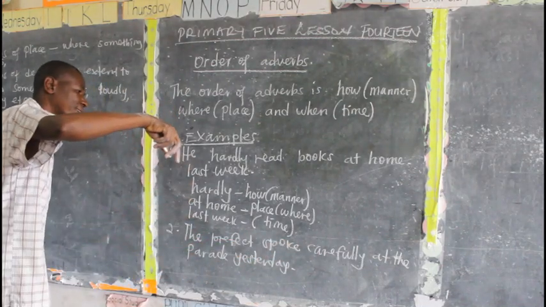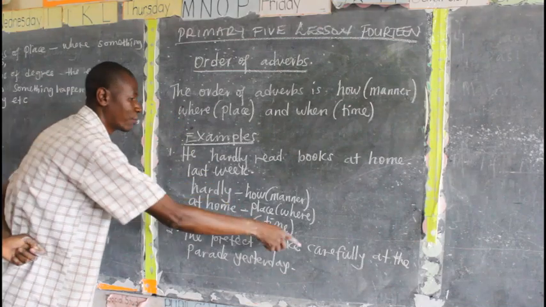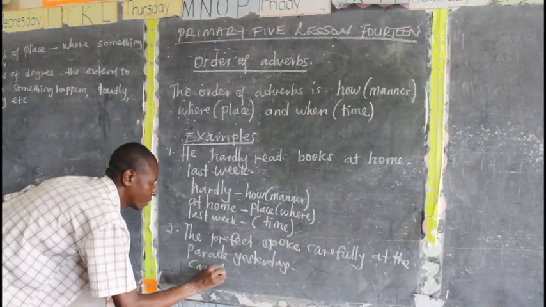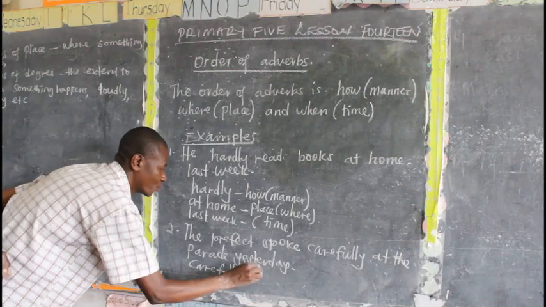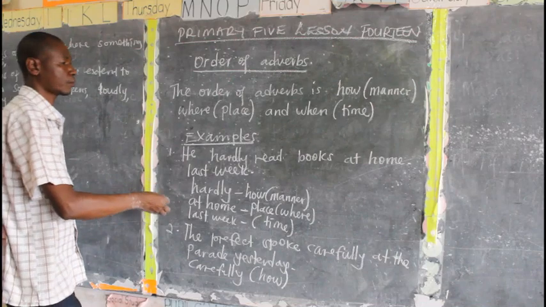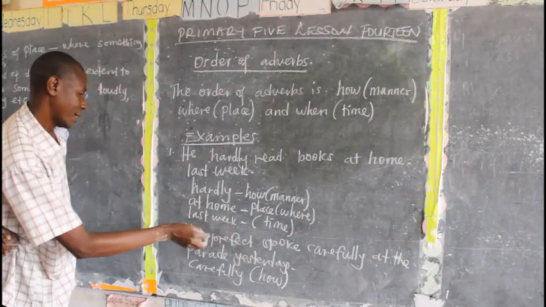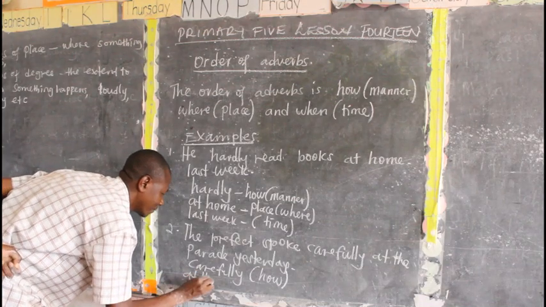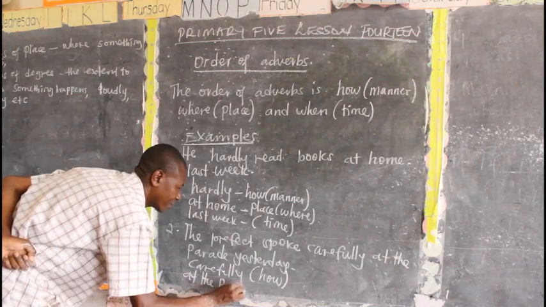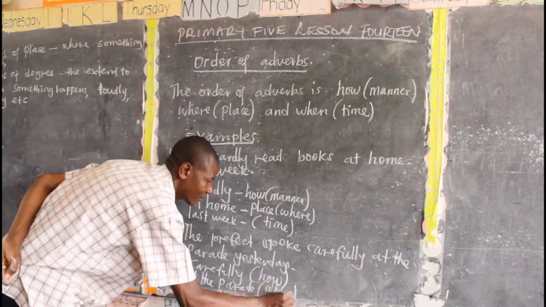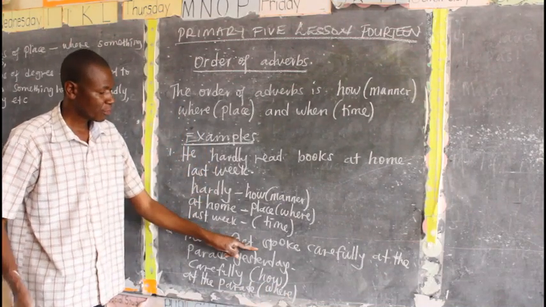So let's see, the prefect spoke carefully. How did the prefect speak? He spoke carefully, that is how. Then at the parade. Now this one is where. Where was the prefect speaking from?